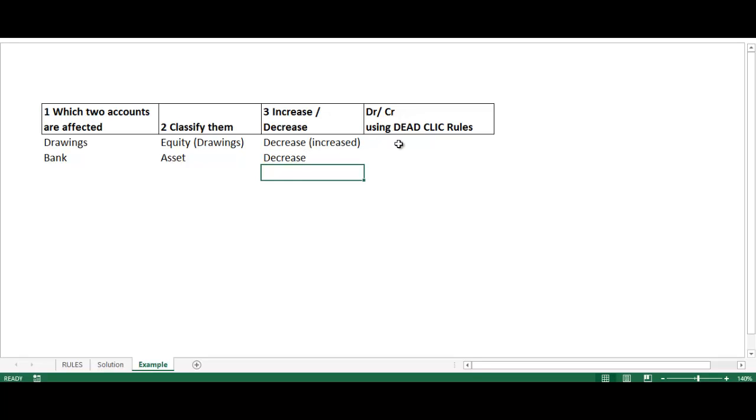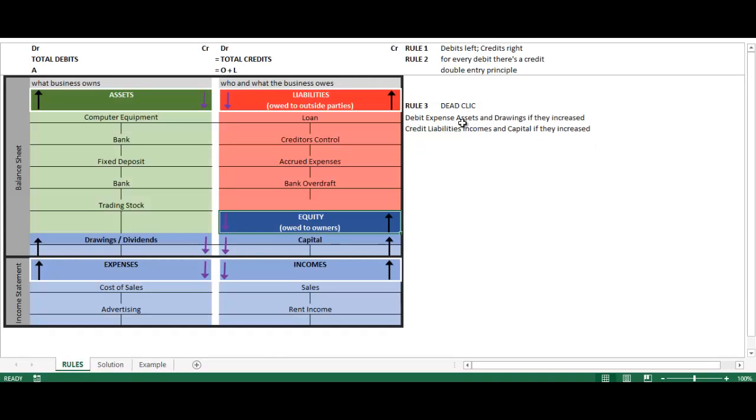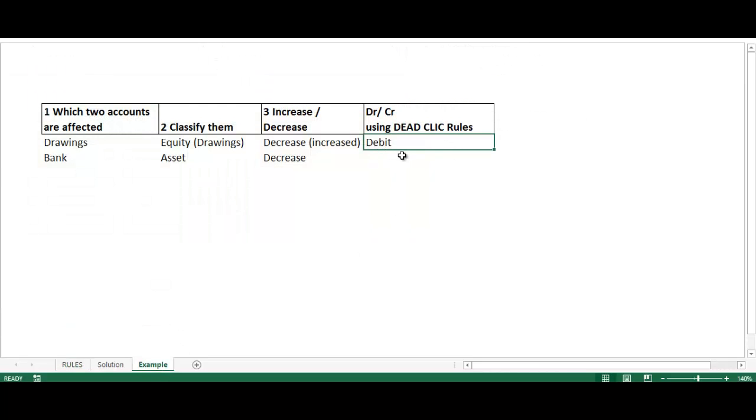There we go. Now we need to use our rules. So let's do the first one, drawings. Let's try explaining this with the drawings. You'll see that my drawings increased. So let's look at the rules. Debit: expenses, assets, and drawings if they increased. My drawings increased, so that's going to be a debit. And there I put my debit for drawings.